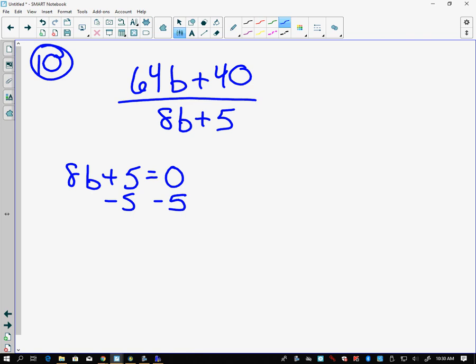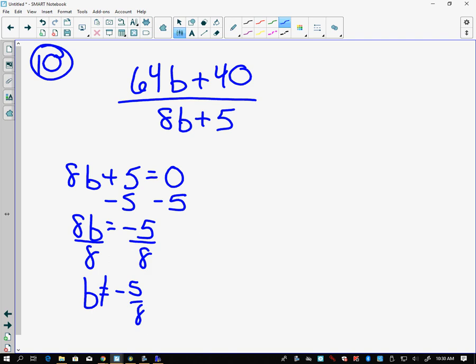Minus 5 on both sides, so I got 8b equals -5. Divide by 8. So b cannot be -5/8. Is that correct? Now we want to simplify the expression.